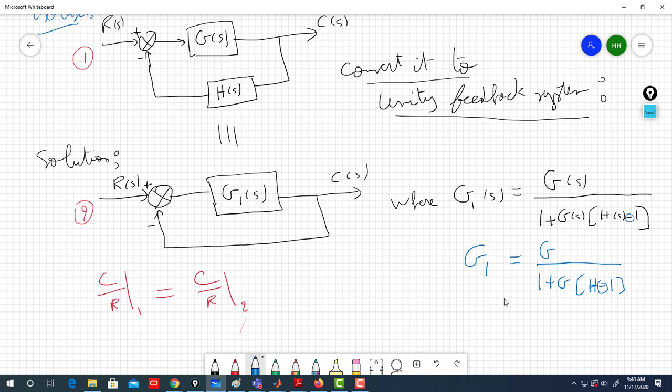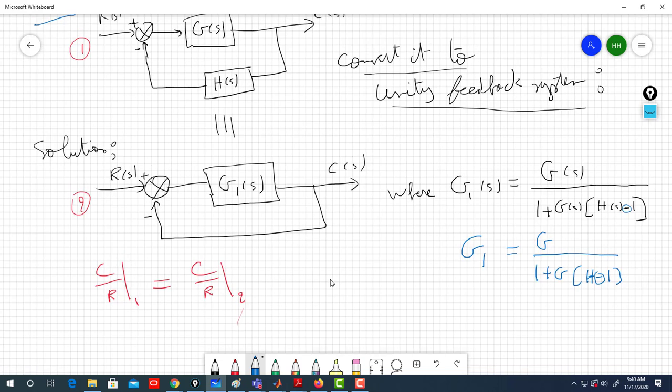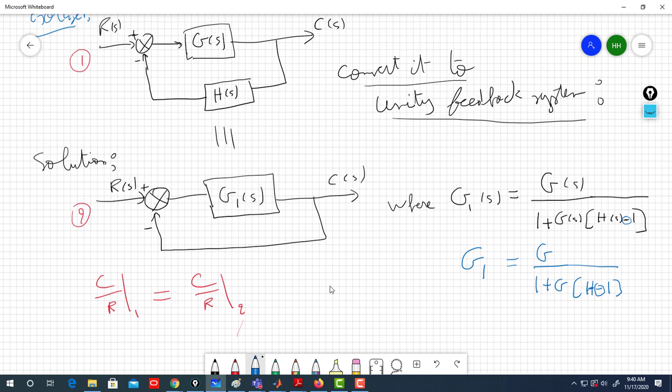Any other question regarding exercise 1? Is it clear? Doctor, this G1, we take it as a formula to convert to unity feedback, we use this formula for this function, G1 equals G over 1 plus GH minus 1. Very good, Muhammad. Yes, exactly. So you can take this as a general rule now.